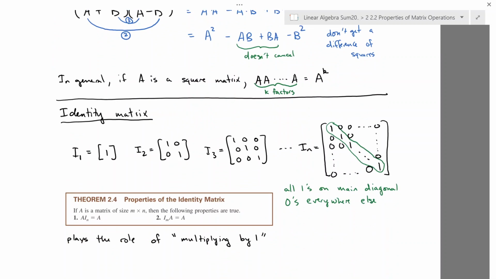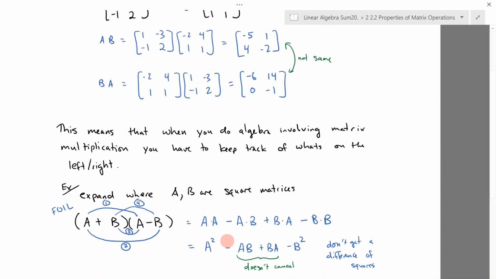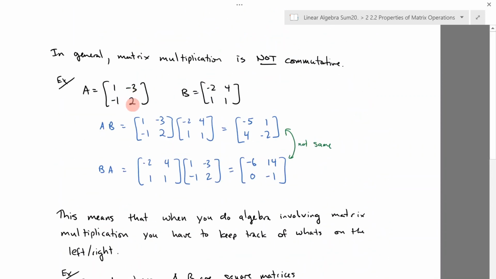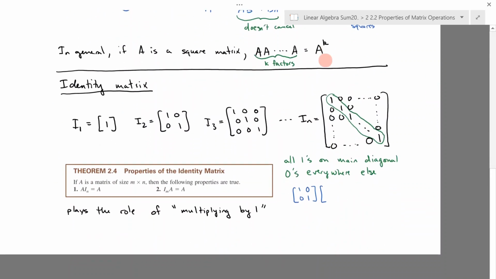You can see, say if I take the 2 by 2 identity matrix and multiply this matrix here, 1, negative 3, negative 1, 2, this gives you 1 in this entry, and then this row times this column gives you a negative 3.